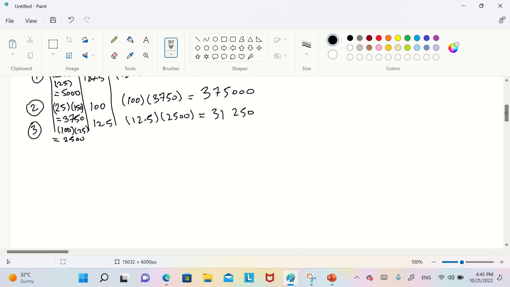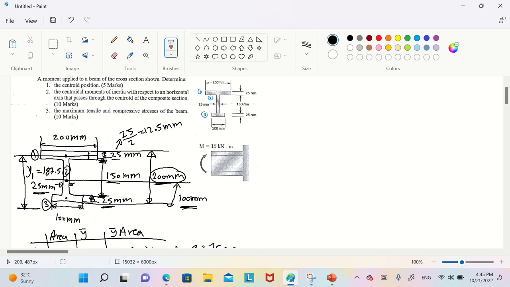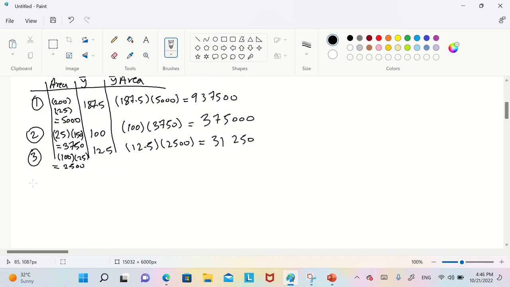Now to find the centroid for the whole thing, you will add the whole area, 5000 plus 3750 plus 2500. You will get 11,250. And the same for y bar multiplied by the area, you will get 1343750.